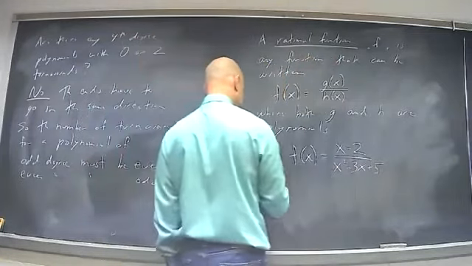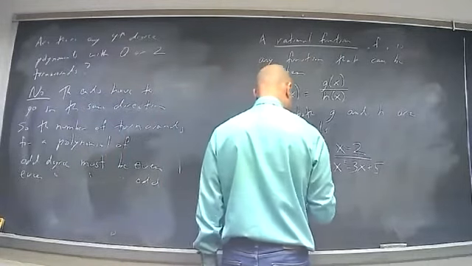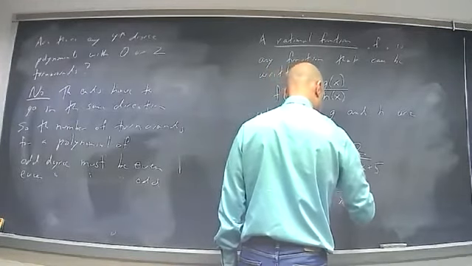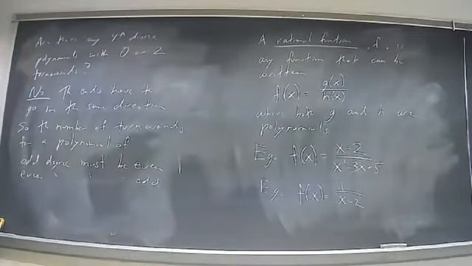Or let's say f of x equals 1 over x minus 2. I have a polynomial of degree 0 on top and a polynomial of degree 1 on the bottom.